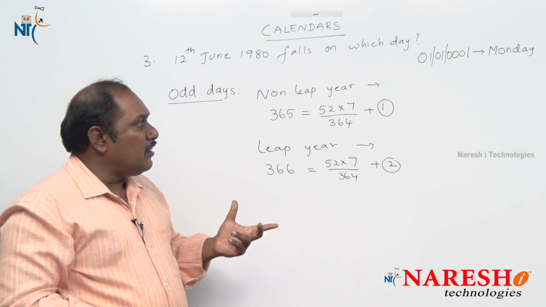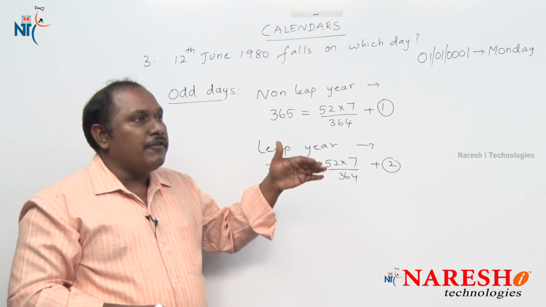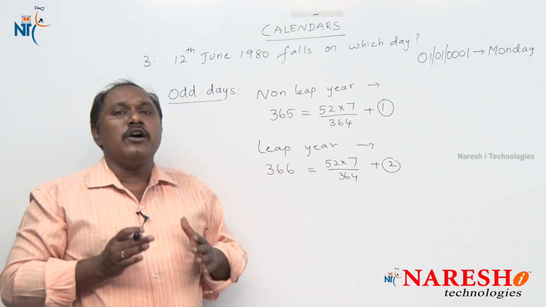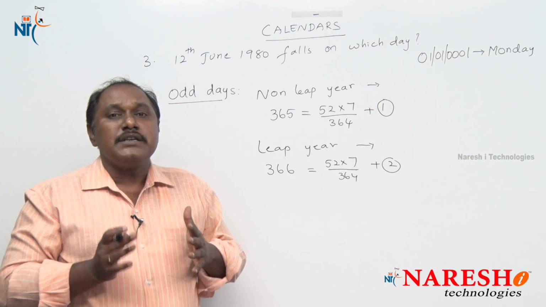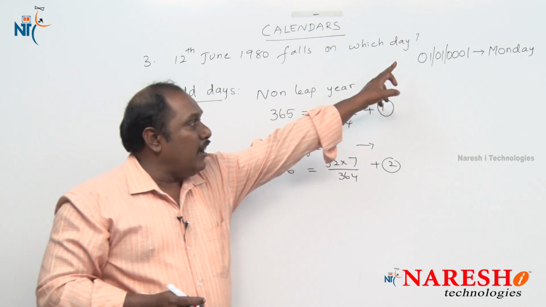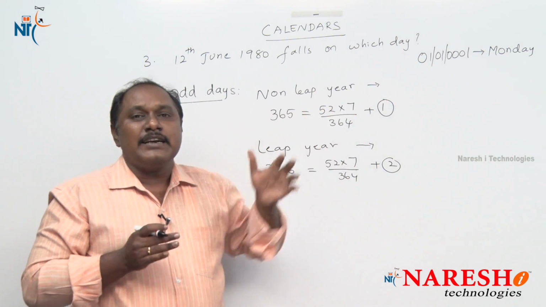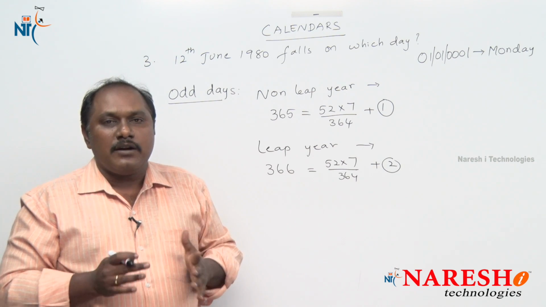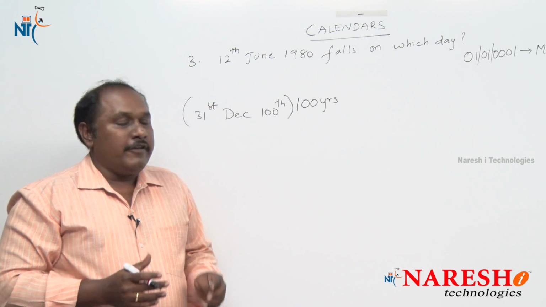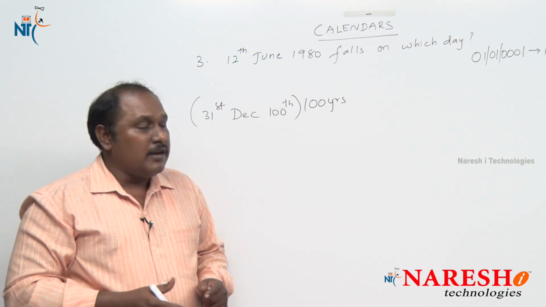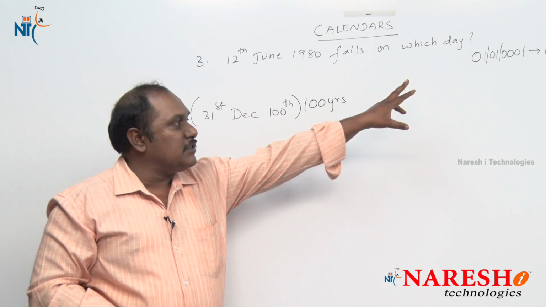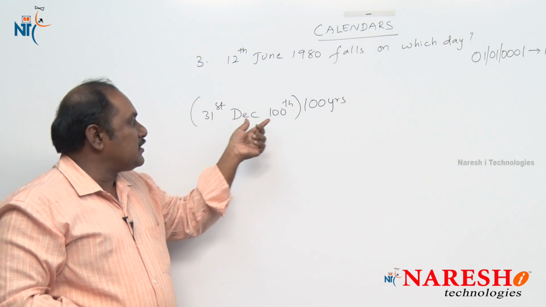Now let's start with some more basic points that we must know. First of all, let us try to find out how many odd days there are in the first 100 years. When I say the first 100 years, it's from 1/1/0001 till 31st December of the 100th year.